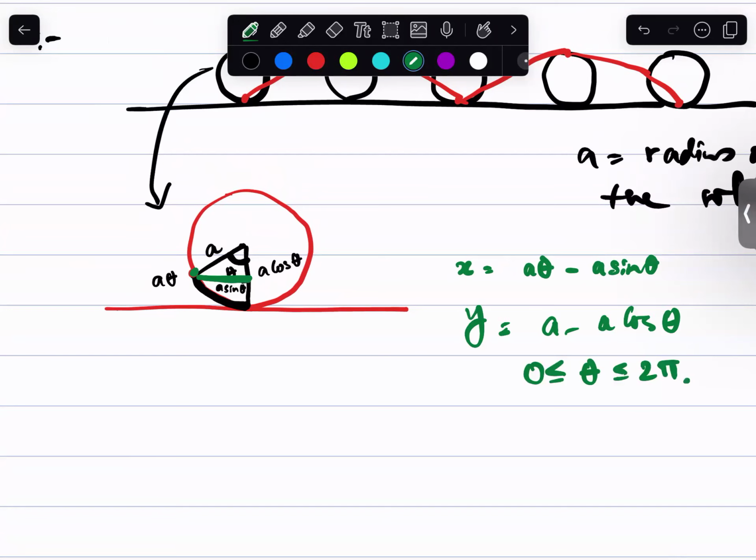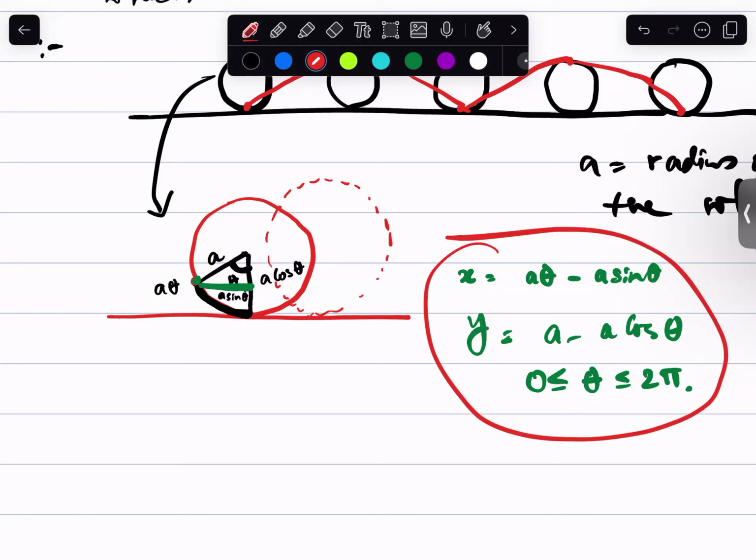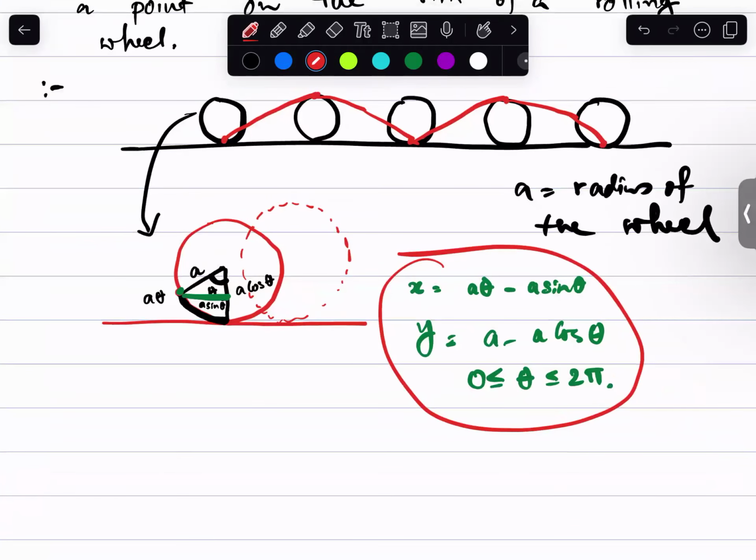But how we get that is not very easy to visualize. There will be two circles coming into the picture, and getting the equation of the cycloid will not be easy. So I'll not draw the picture here, but I might mention a link to another video where you can visualize how we get that equation of the cycloid.